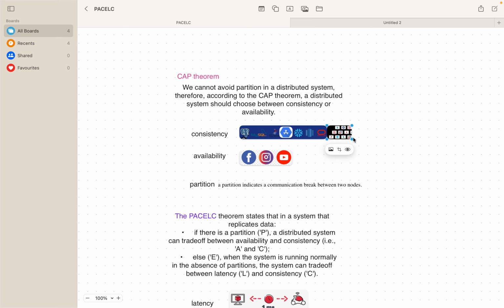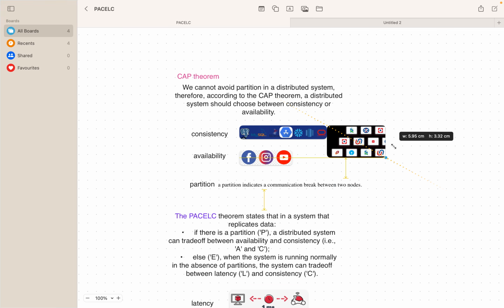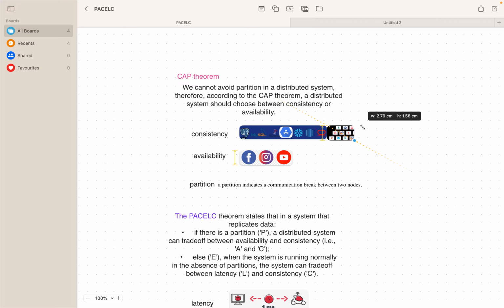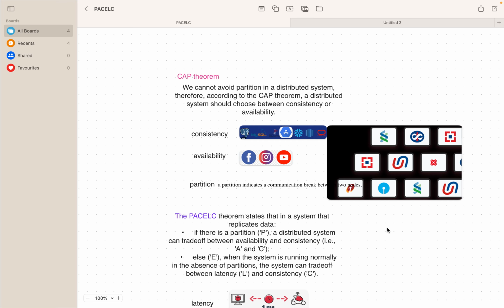Here you can see many banking applications, these are the Indian banks. Many banking applications use this consistency model. They need consistent data at any time. Now if you remember, sometimes we get a message like our bank server is down and we are working on some server-related issues, we are fixing them.